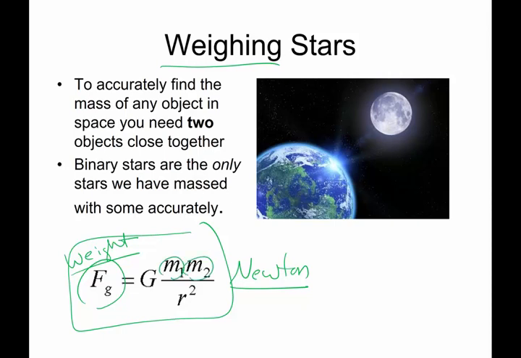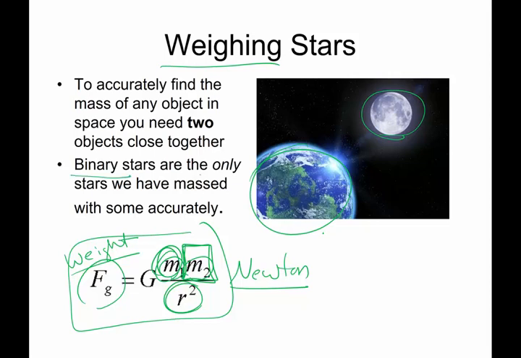Once we knew the mass of the Earth, we could then determine the mass of the moon. If you know the mass of one, you can use that information and the distance between the two bodies to determine the mass of the other. So you have to have two objects in order to determine the mass of one or the other.